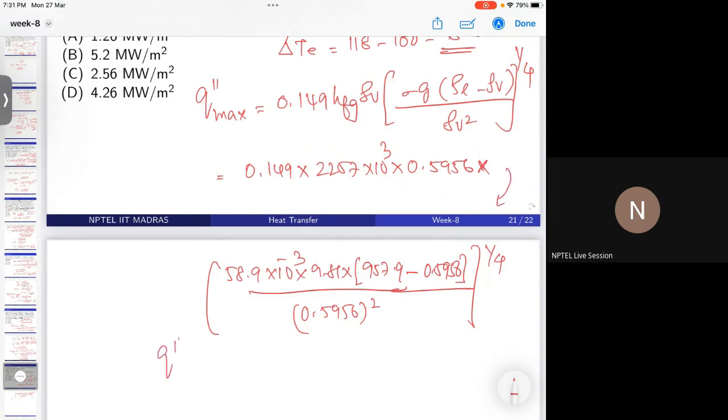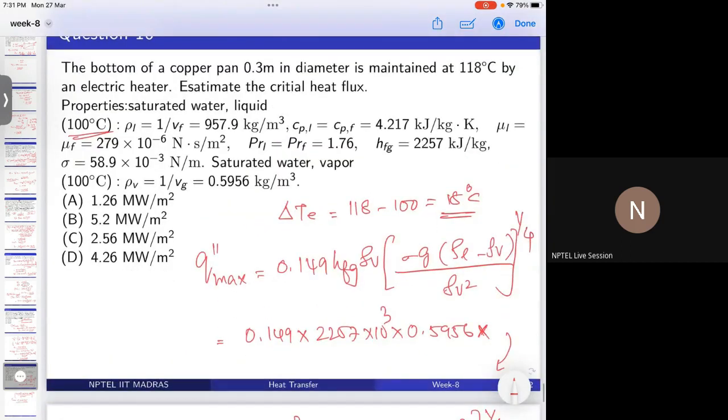You will get the maximum heat flux as around 1.26 megawatt per square meter. So this is the maximum heat flux. Beyond this heat flux, you shouldn't apply heat because of the safety aspect.